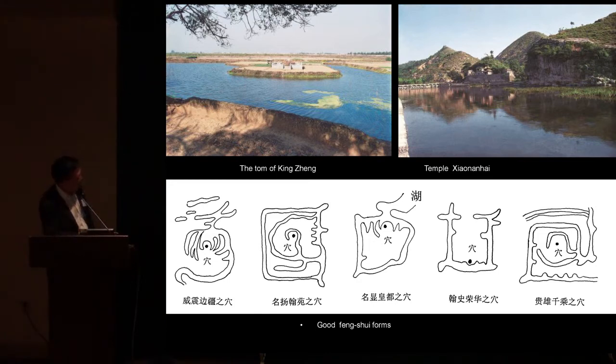We find these configurative forms, which are conceptual. These animals show different orientations: blue dragon, white tiger, red bird, and black turtle, different orientations in relation to the landscape.